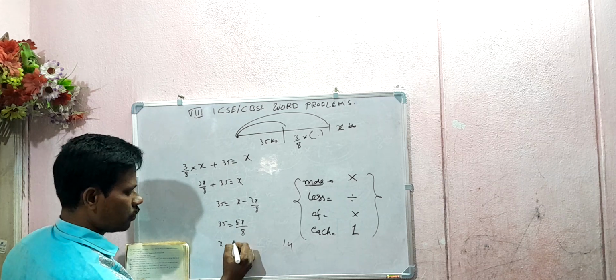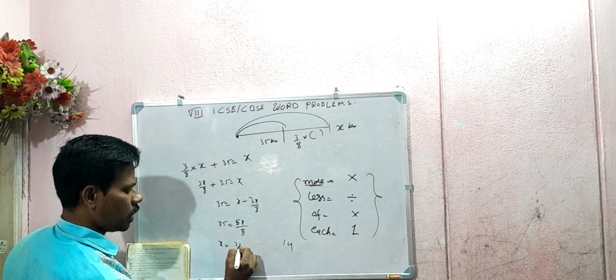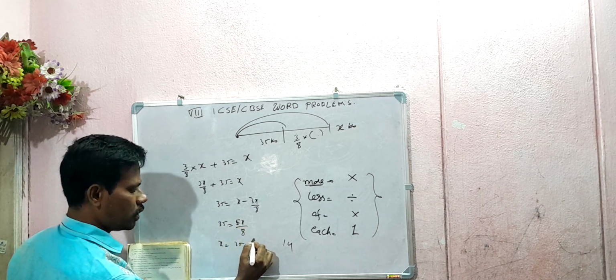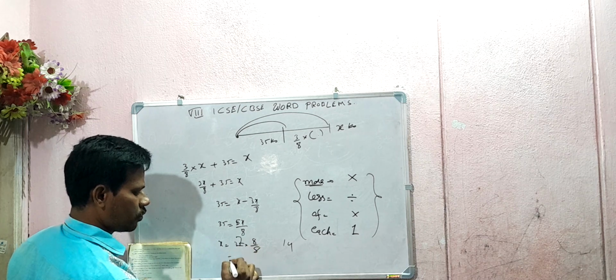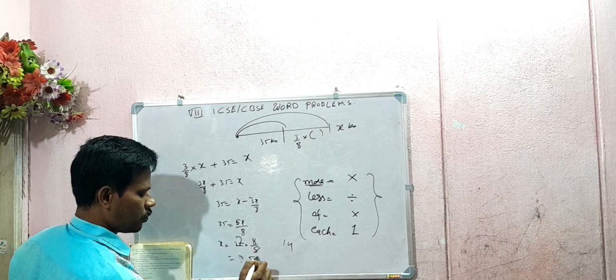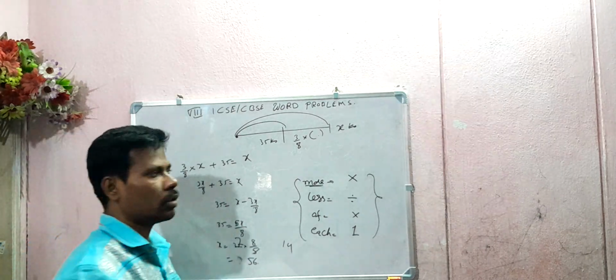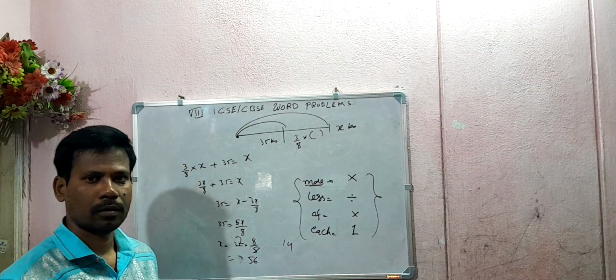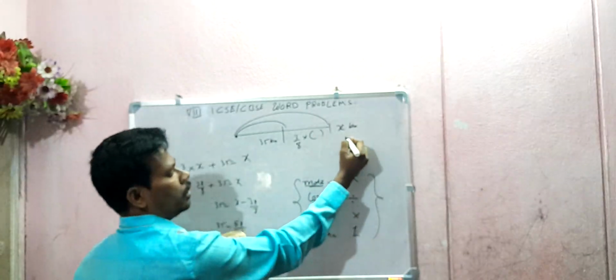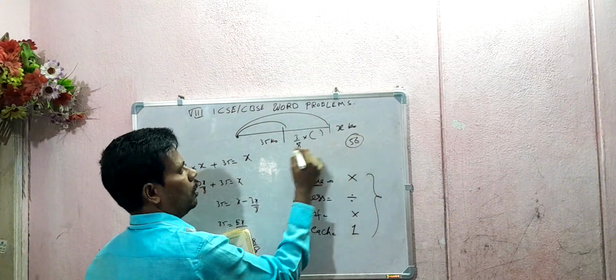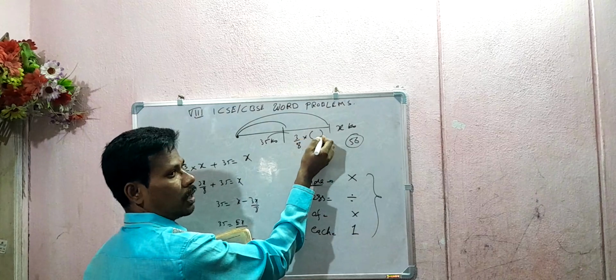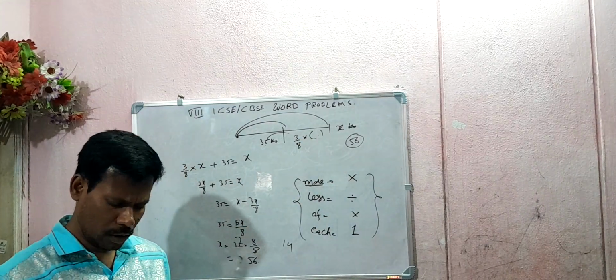Please go through that. So x value you will get: 35 into the multiplicative inverse of 5 by 8, which is 8 by 5. That is 56. So total distance is how much? 56. So he has travelled 35 kilometers out of 56 kilometers, and 3 by 8 is left.